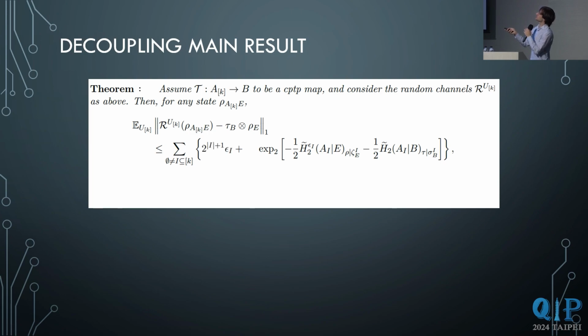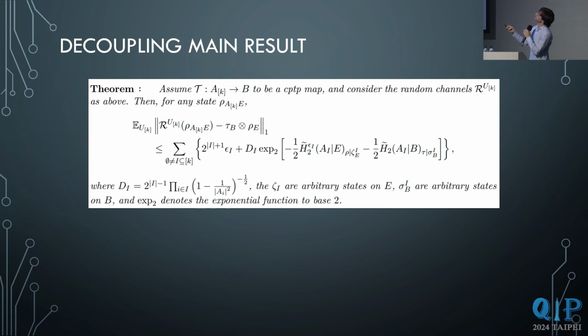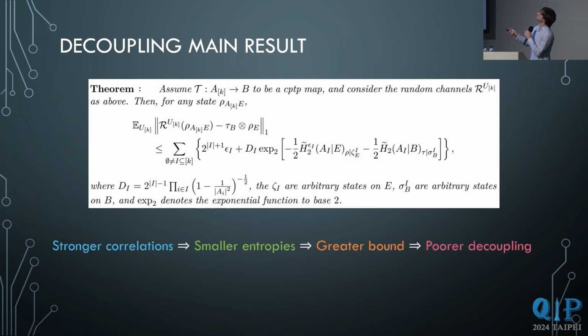And we also have some constants that appear in the calculations, but intuitively this can be understood easily if you think that stronger correlations on this input state will mean smaller entropies and therefore a greater overall bound, and this means that we will commit more error in decoupling, which makes sense, right?